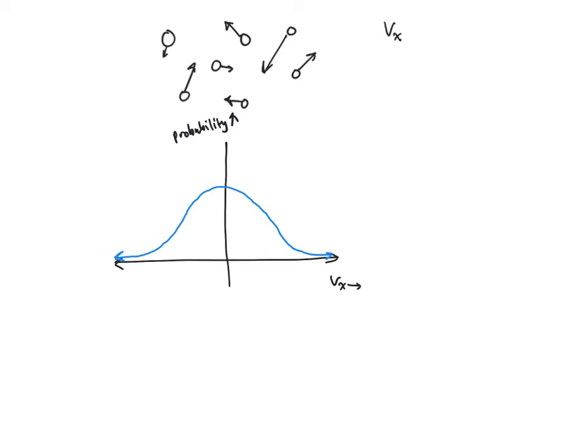This curve indicates that the most likely velocity for a particle is going to be 0, but there's definitely non-zero probability that the particles will be moving in any given direction. Notice that this looks like a bell curve. The bell curve has other names.